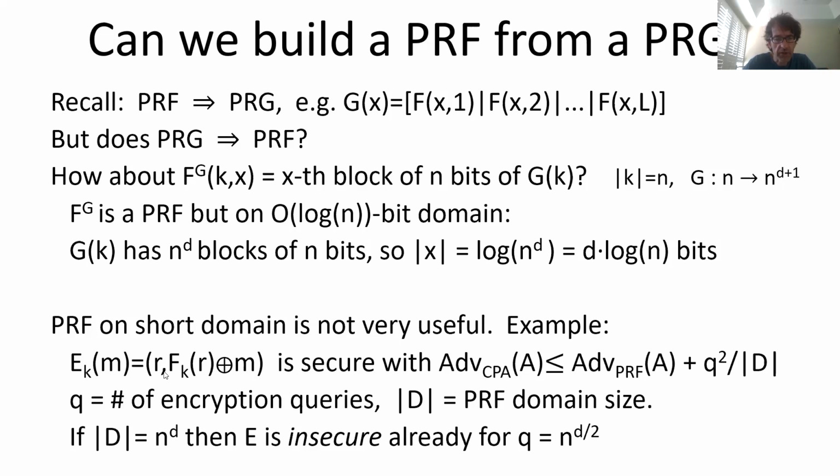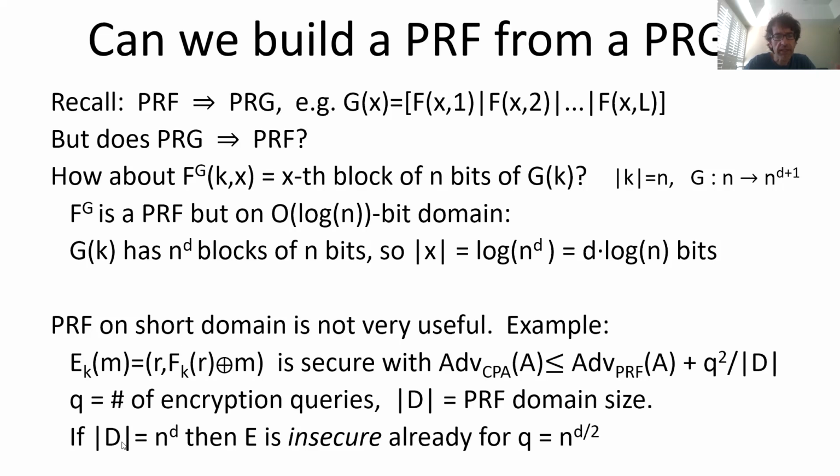I had to choose a random nonce, so R would be random from its range, and I would encrypt M under F_K applied to R. And the security of this was tightly related to the probability that I ever pick the same two nonces R, and therefore this would be rerun, and basically I would use this one-time pad twice for the two different messages. So it was the number of queries squared over the size of the domain of the PRF.